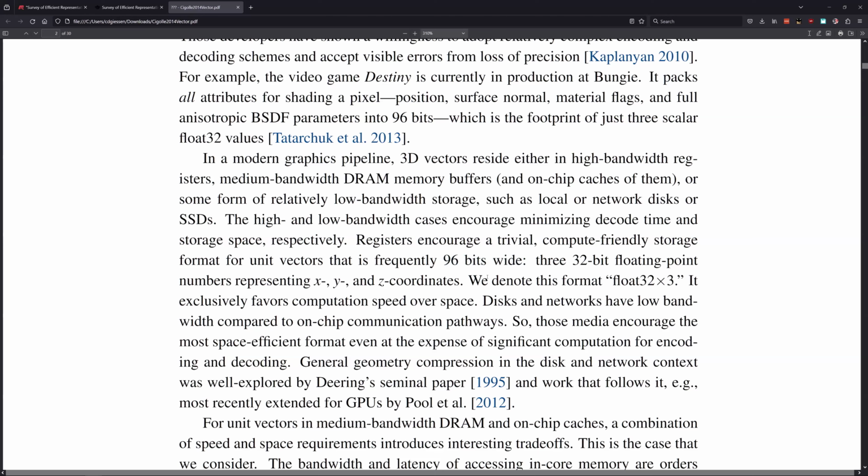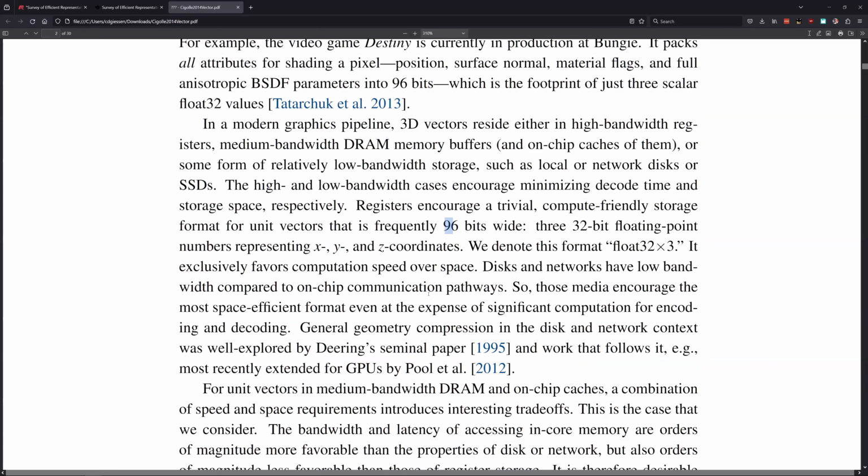I think. Oh, yeah, I think it's 12 bytes, right? Oh, that makes more sense. 12 times 8, that makes more sense. Okay. I'm just used to seeing bytes instead of bits, so the 96 threw me off. In my mind that is a big number, but it's actually just 3 floats. But it is that many bits.